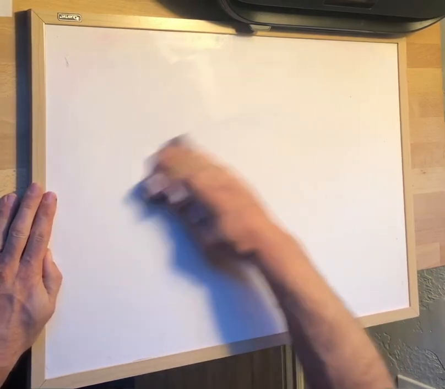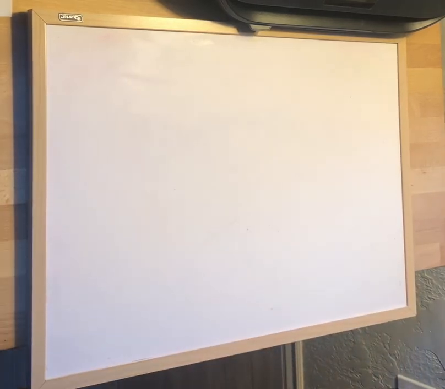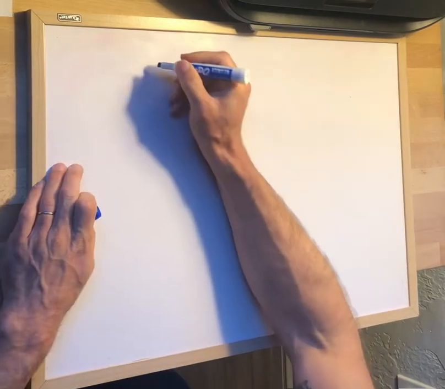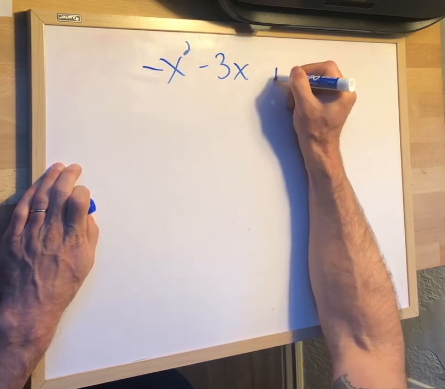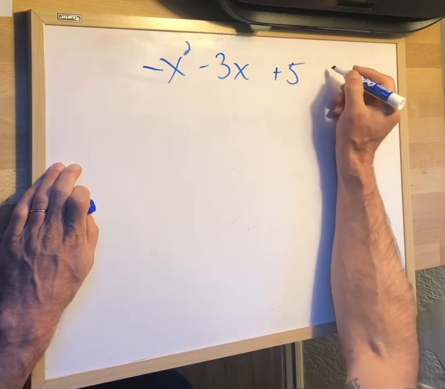Okay, the very last equation. We have -x squared minus 3x plus 5. We're just going to pretend it equals 0 right now.